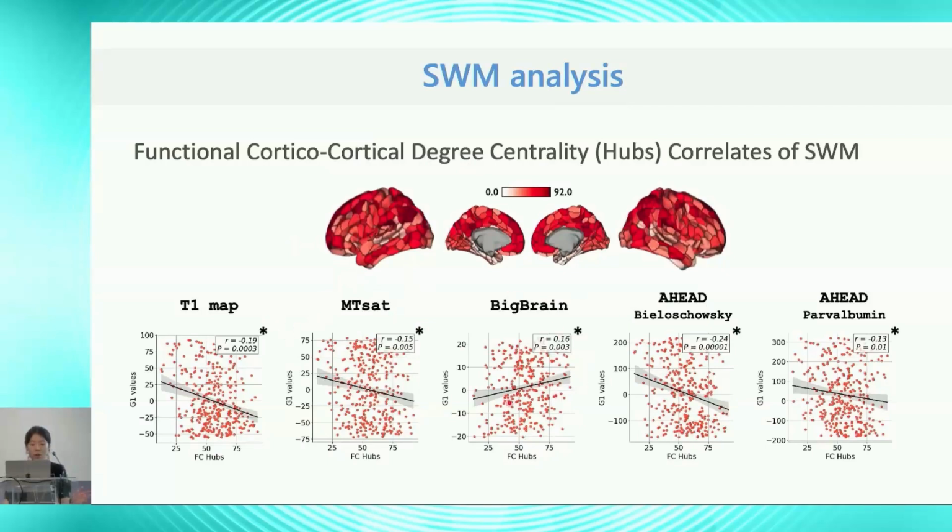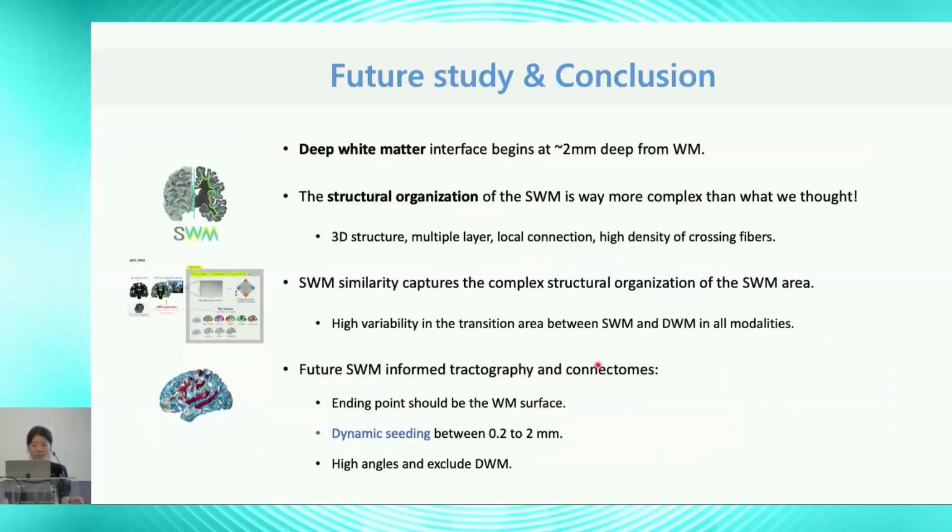And all the first superficial white matter gradients showed significant correlation with this degree centrality, indicating a potential relationship between areas of critical functional importance and connectivity and superficial white matter architecture.